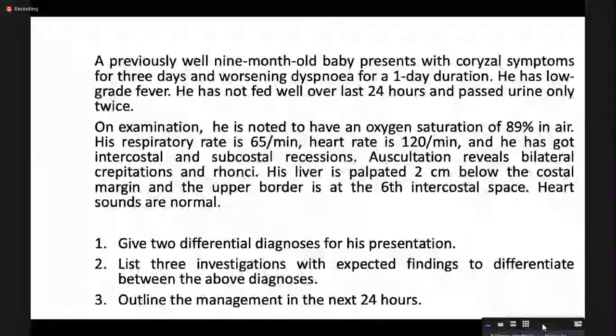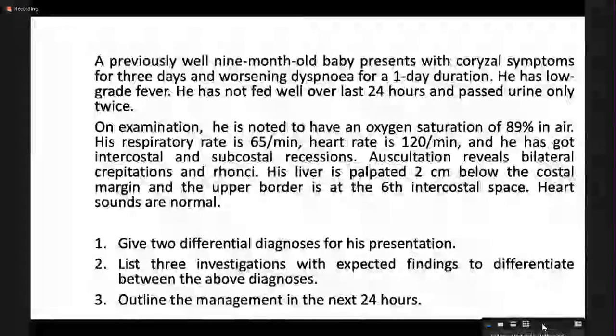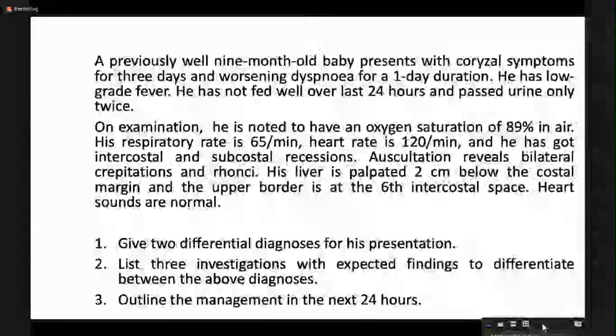So what did you understand from this case scenario? What did you think were the key factors or keywords in this history, Sujan? Madam, this is an infection, located in the respiratory tract, related to the respiratory system. According to the history, several vital parameters have been given.